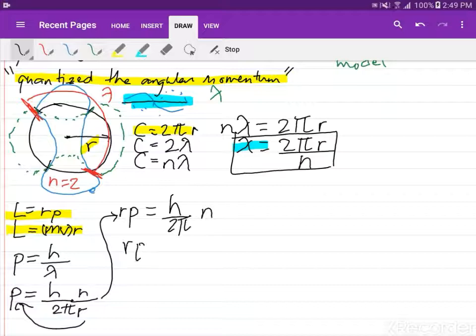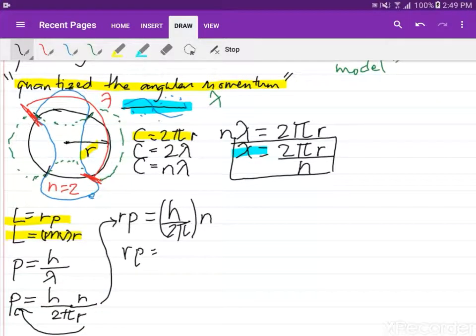So rp equals, recall in our Schrödinger equation we defined h over 2 pi to be h bar. So this is h bar times n.